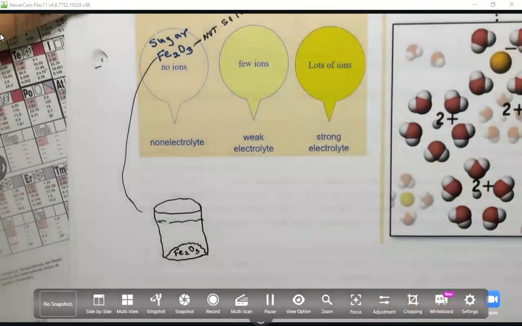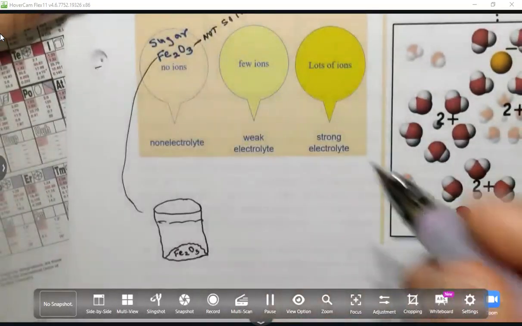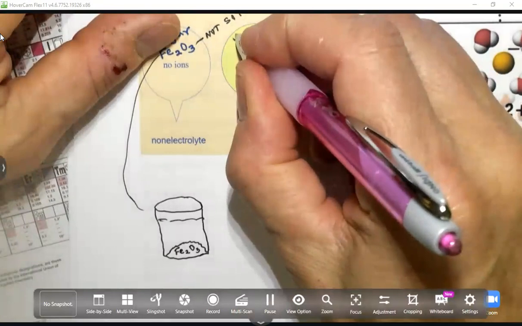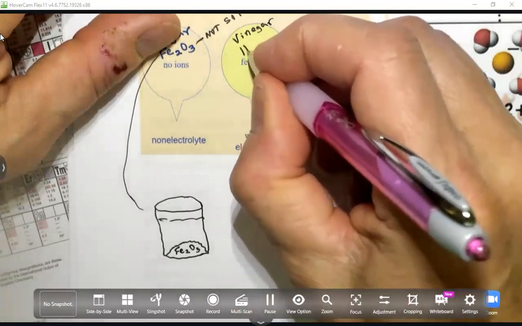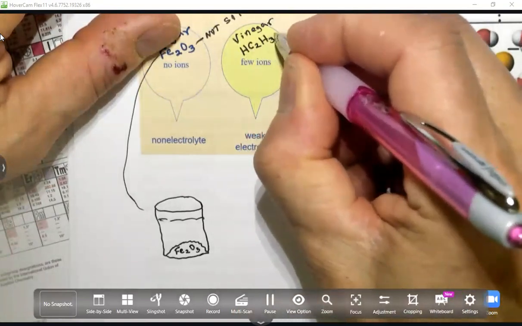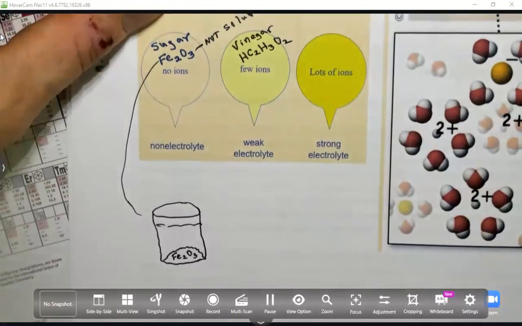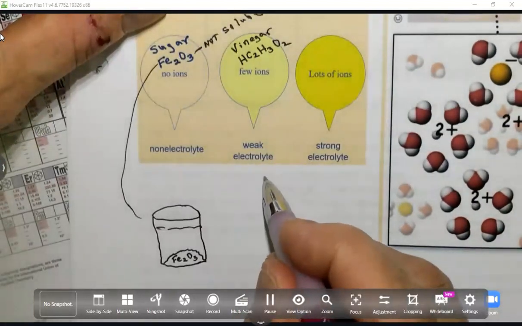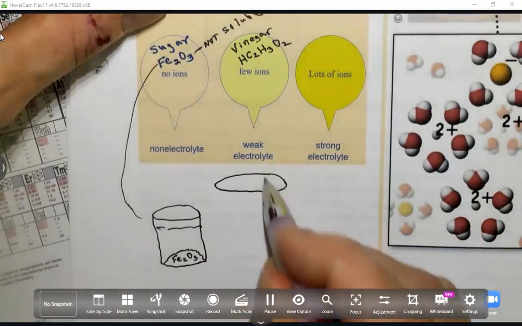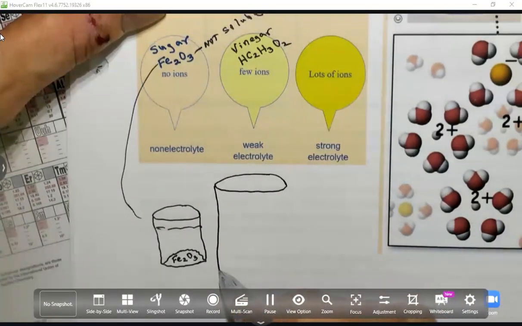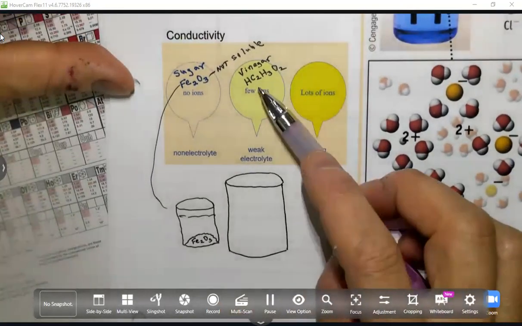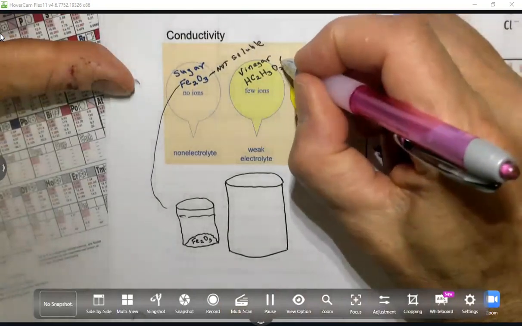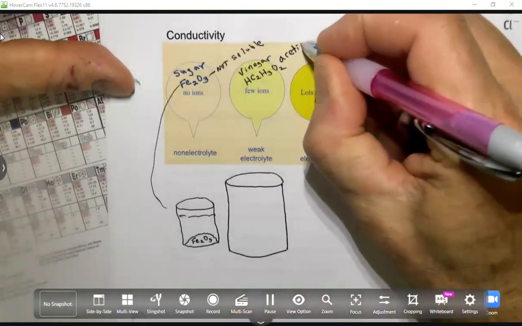If you get a few ions, you get a weak electrolyte. Vinegar would be an example of that. But I need you to understand what that beaker looks like. So vinegar is acetic acid.